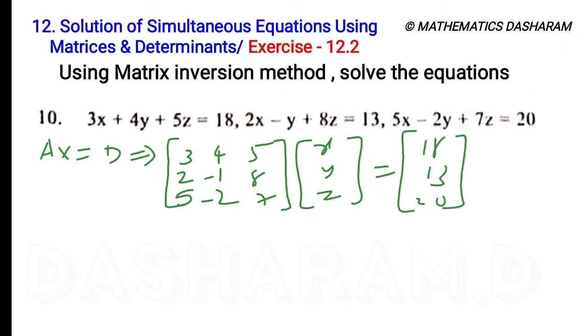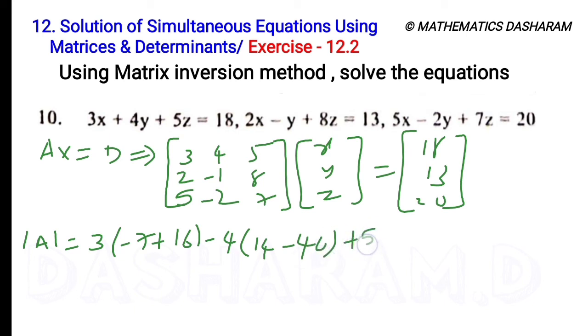Let's find the determinant of the matrix A. Expand the first row elements: 3 into minus 7 plus 16, minus 4 into 14 minus 40, plus 5 into minus 4 plus 5.